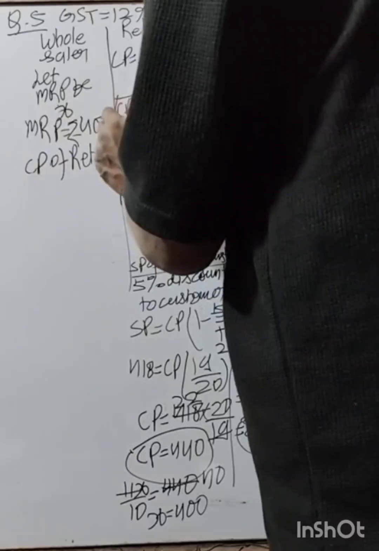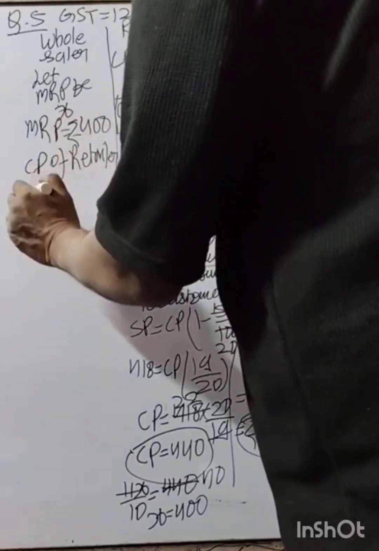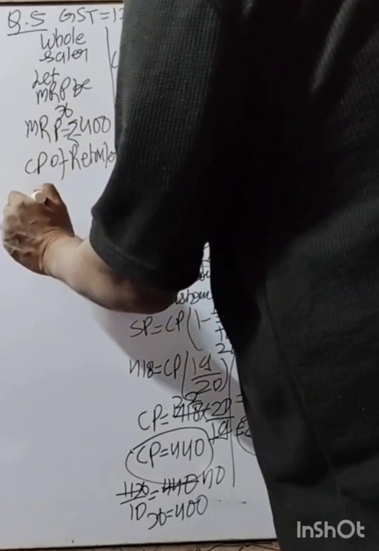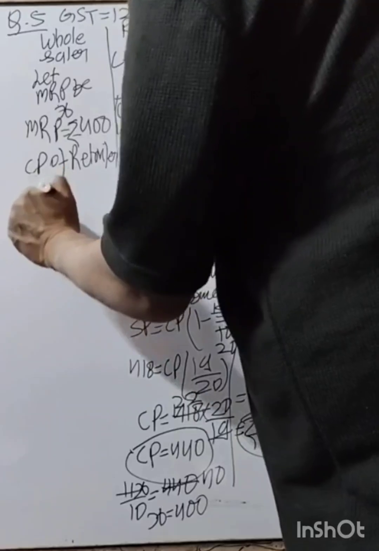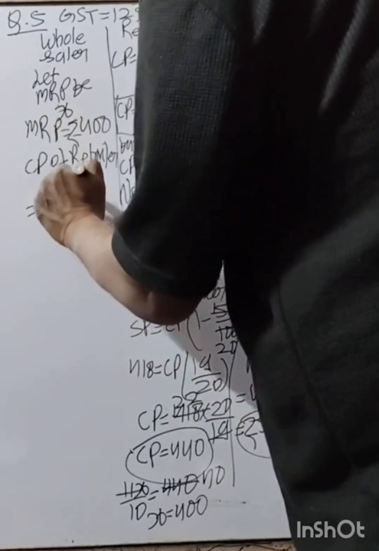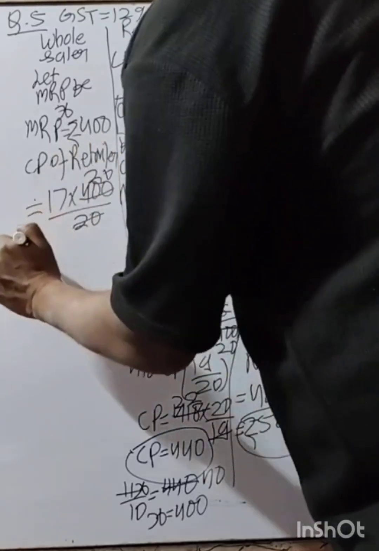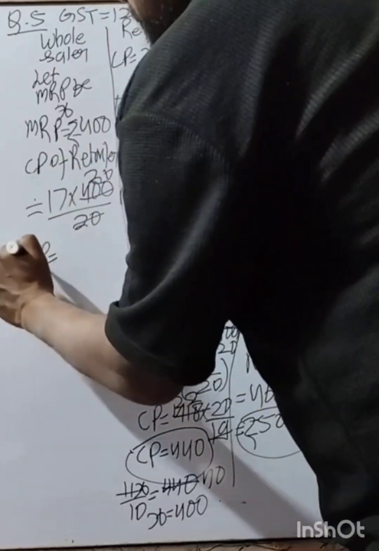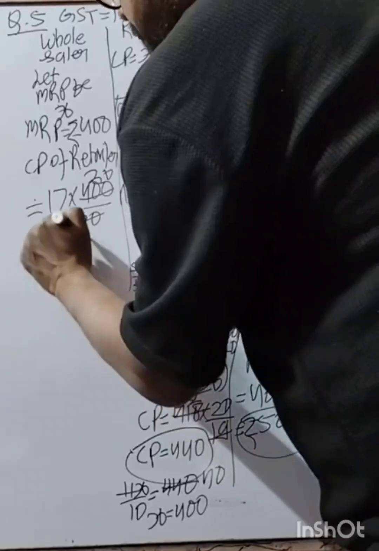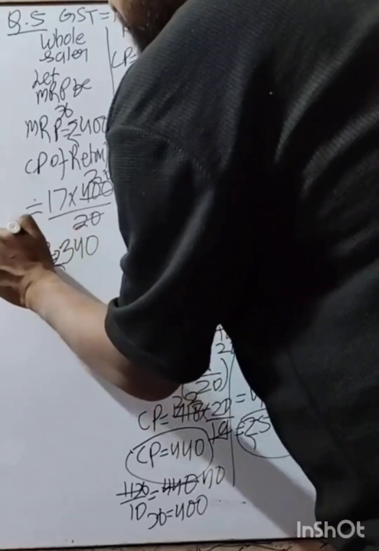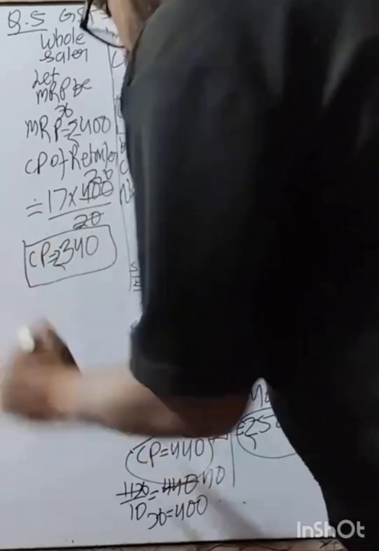MRP is X. So the CP of the retailer is equal to 17 into 400 upon 20. It becomes 20, so its cost price is 340 rupees, right?